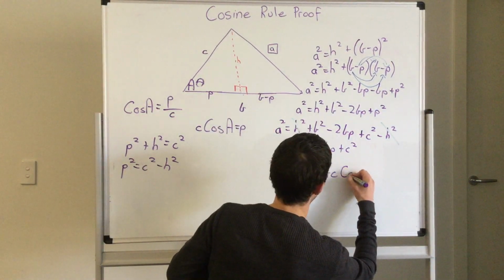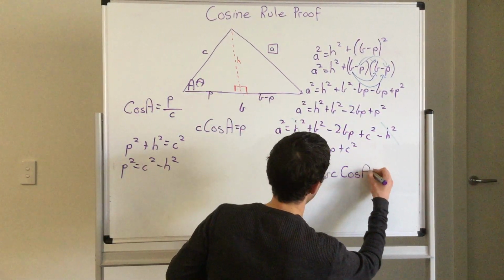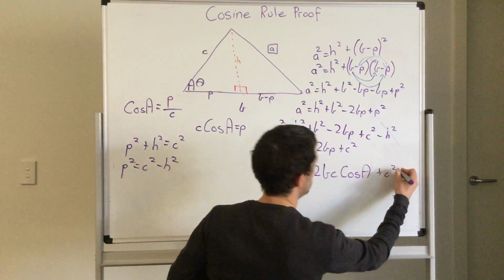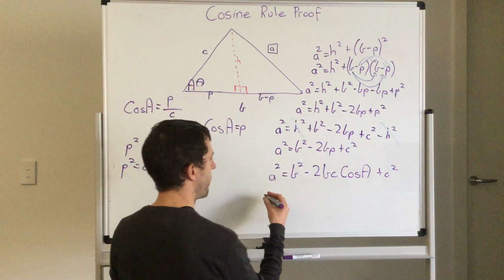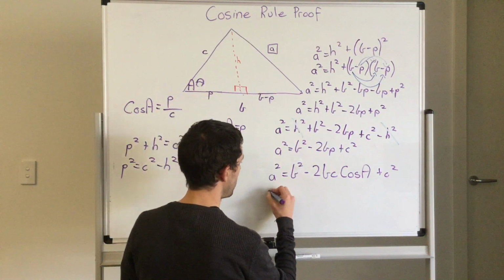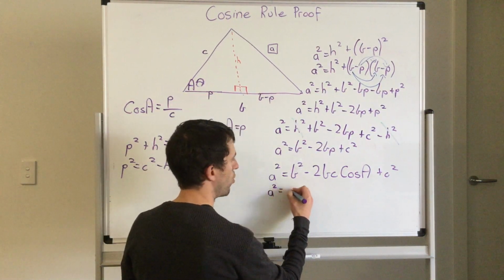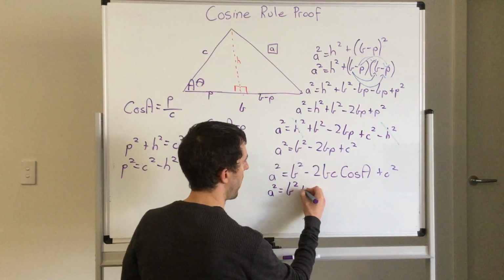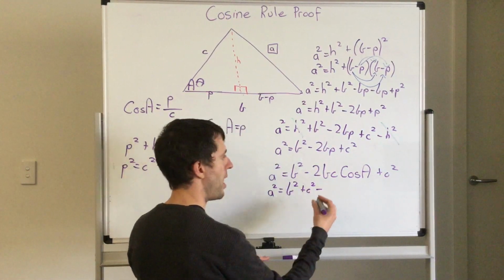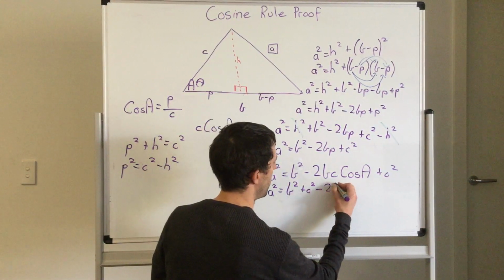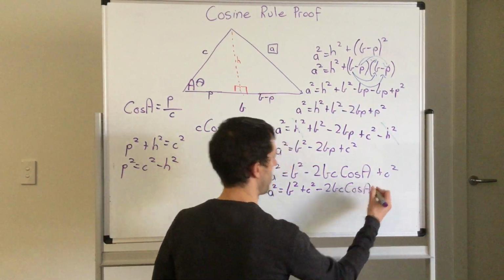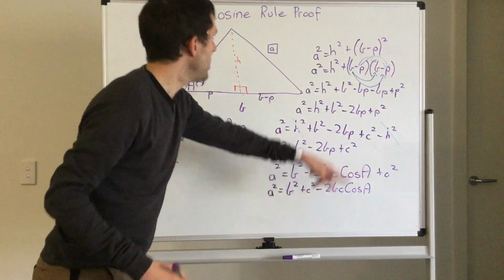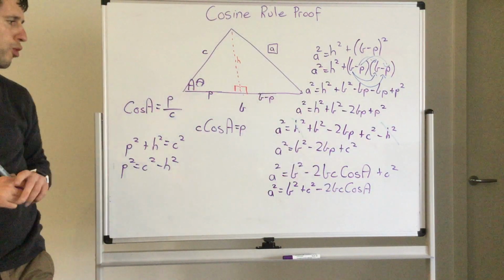P is C cos A plus C squared. Now I can take that plus and put it up the front. So A squared equals B squared plus C squared minus 2BC cos A. And this is the cosine rule.